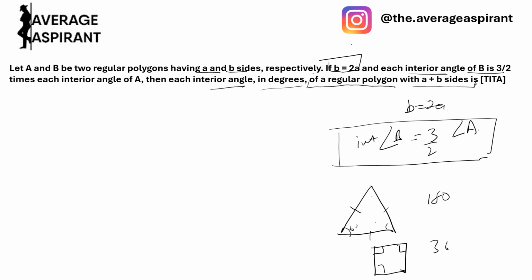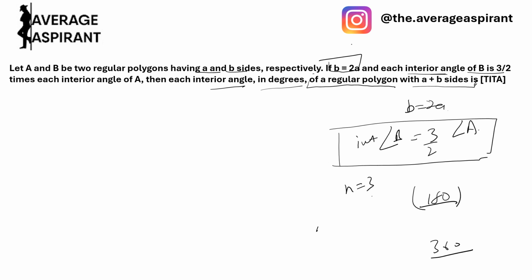So 90, 90, 90, 90. This is 360. So you can see the sum of all the interior angles is a multiple of 180. When n was 3, it was 180. When n was 4, it was 360. So you can see it is n minus 2 into 180.